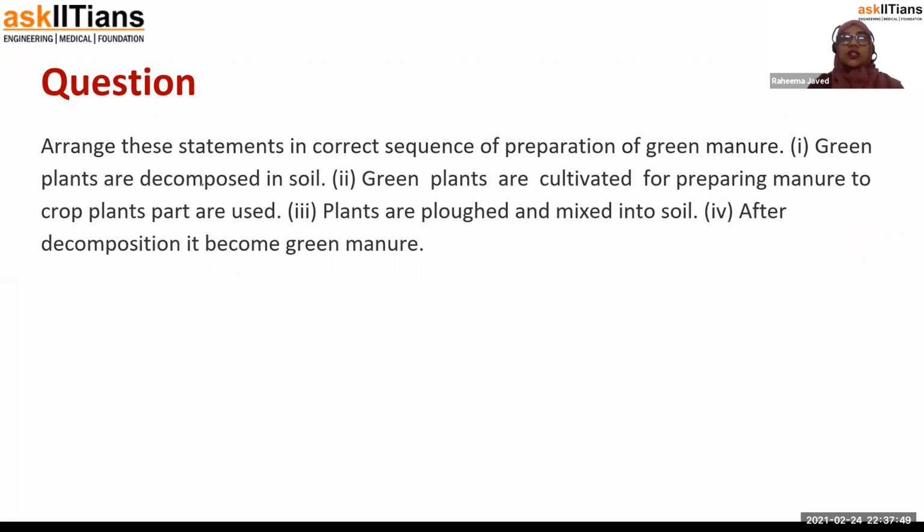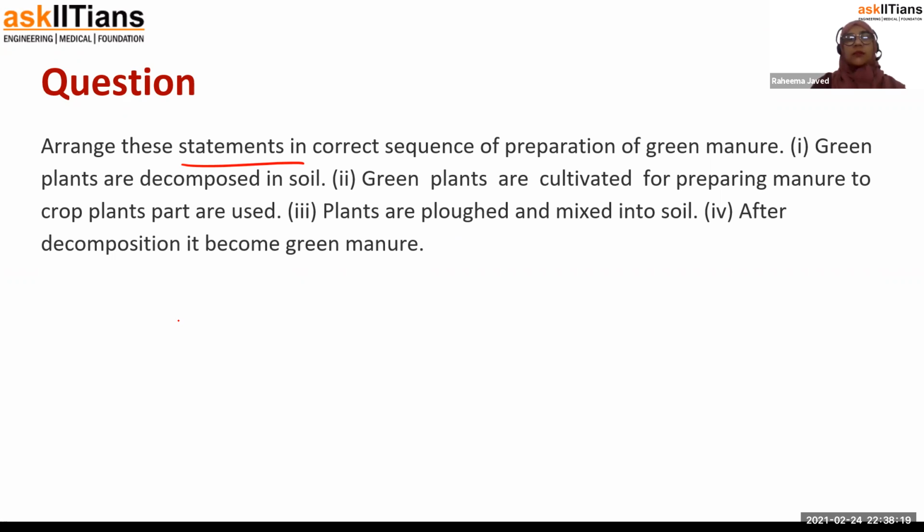So in this question we have to arrange the statements in correct sequence of preparation of green manure. The statements are: green plants are decomposed in soil; green plants are cultivated for preparing manure; plants are plowed and mixed into soil; after decomposition, it becomes green manure. So first, green plants are cultivated for preparing manure.